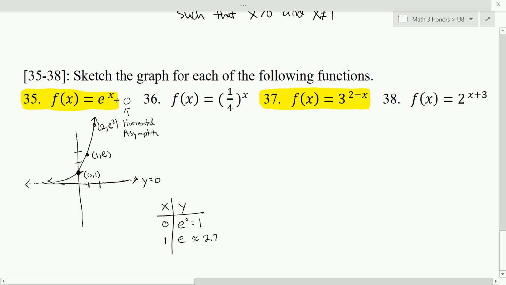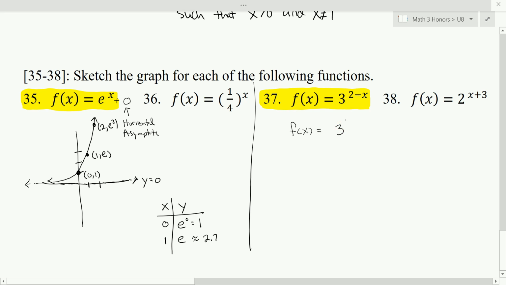37. So if you notice a negative in front of the x, let's make x positive. Okay. So we get f of x is equal to 3 to the... I'm going to factor out that negative.